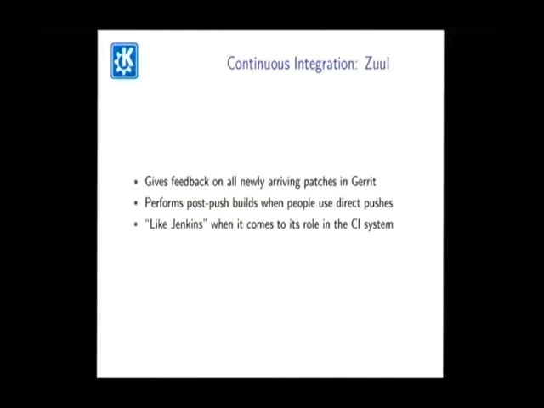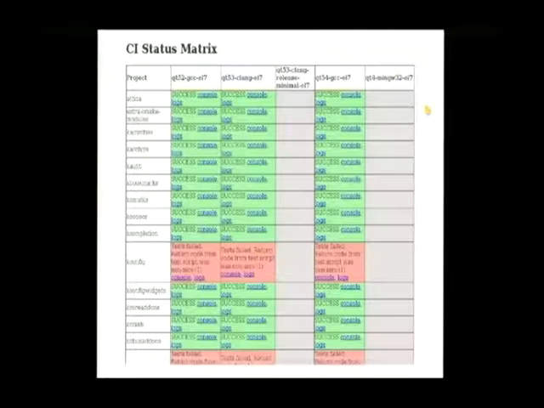And in the setup which is deployed right now in Prague, Zuul actually performs two things. The first of them is this early feedback on patches, which I tried to describe. The second one is something which you maybe already know from KDE's continuous integration. It's producing a more or less pretty dashboard showing the status of each and every project, whether it still builds, whether some of the test cases are failing or not. This is roughly how it looks. On your left, you can see a list of projects.